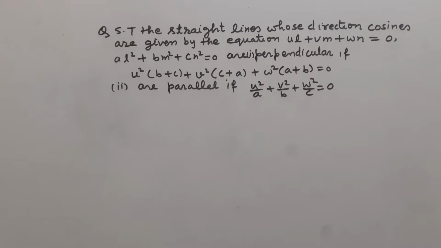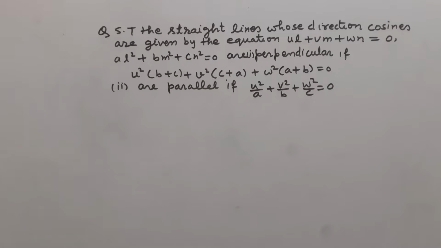Here the direction cosines of two straight lines are connected by the relations ul + vm + wn = 0 and al² + bm² + cn² = 0. And we have to find the condition if two lines are perpendicular and if two lines are parallel.